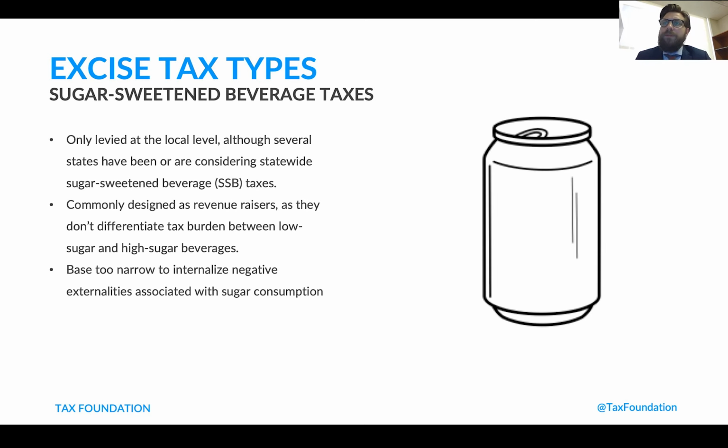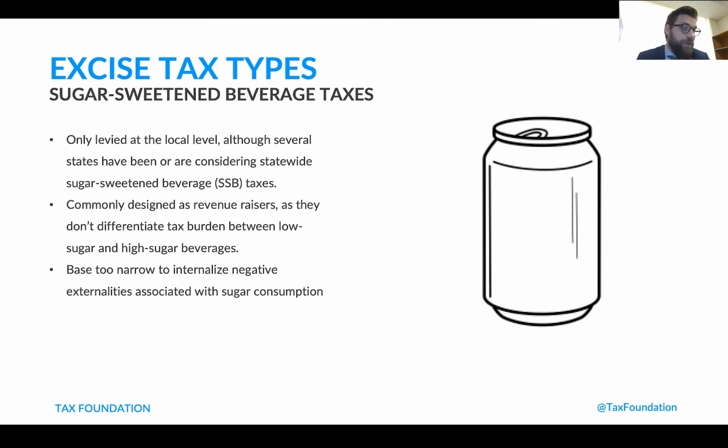And further, even if you expanded the base to include all sugar, you'd run into some serious issues. Taxing all sugar in all foods would be overly complex. And we have examples at the international level.